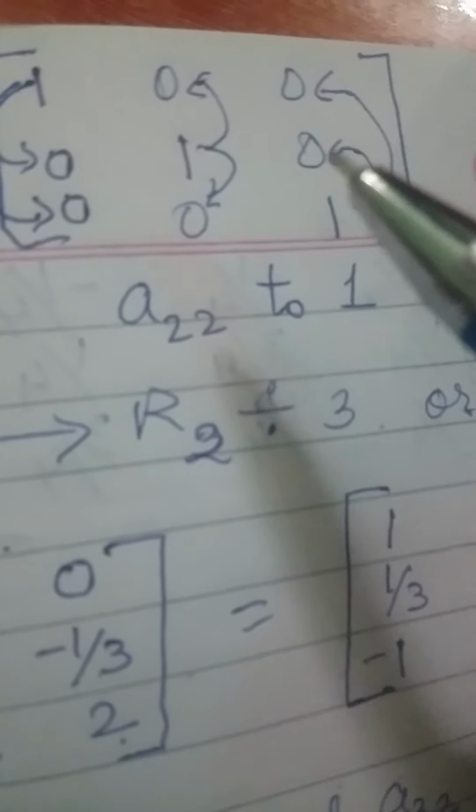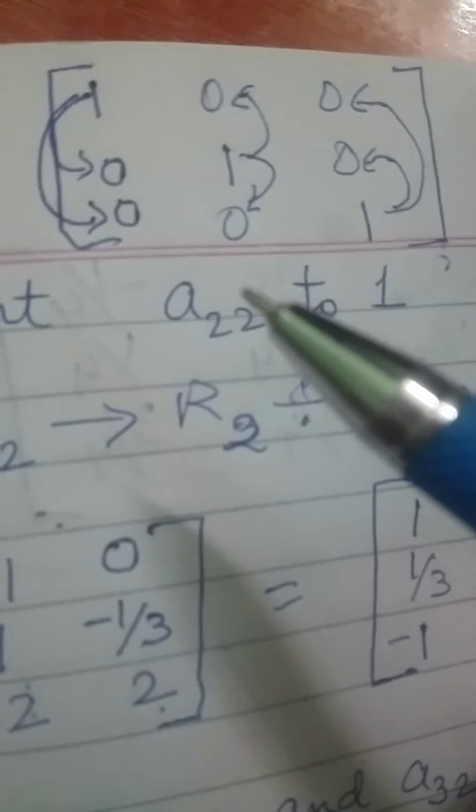In the third step we will make 1 here. In the fourth step we will make 0 here as well as 0 here. In the fifth step we will make 1 here. In the sixth step we will make a 0 here and a 0 here. Means two zeros are made simultaneously in the same step. This is the pattern to be followed for elementary transformation of order 3.